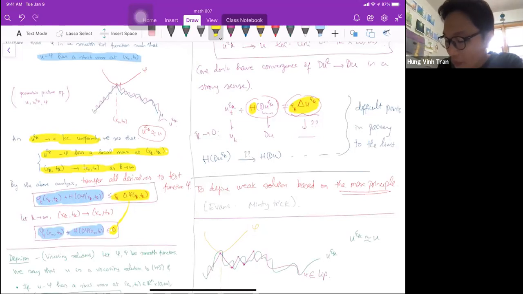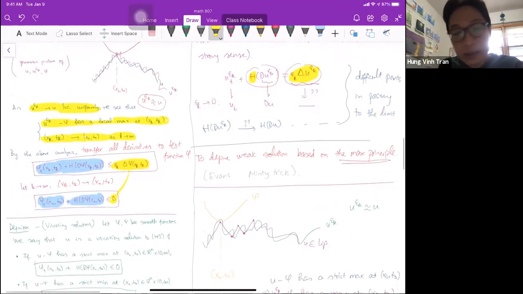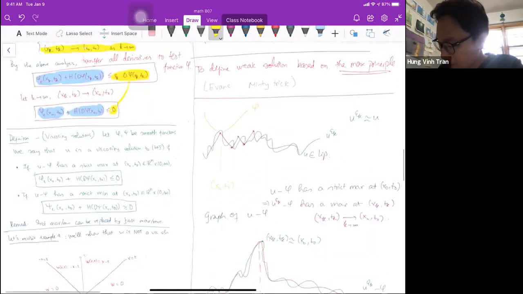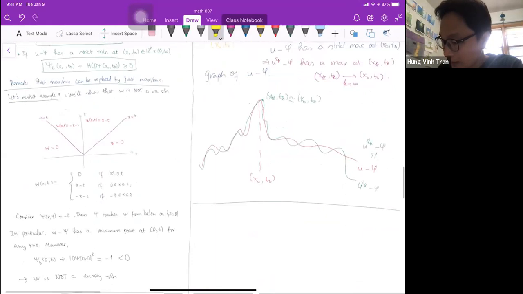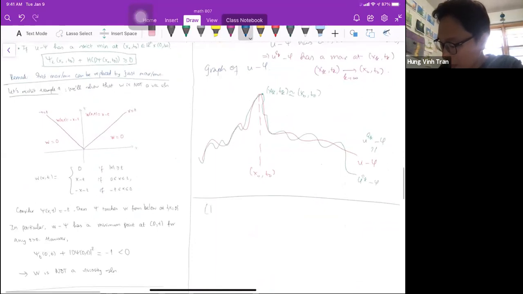What is also remarkable is that our equation was involving u. Let me write it down here. Our Hamilton-Jacobi equation originally is u t plus h of du equals 0.